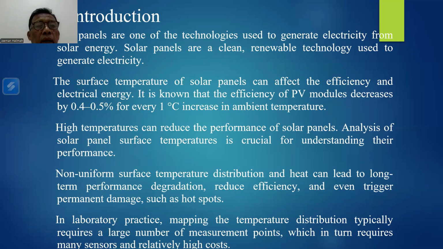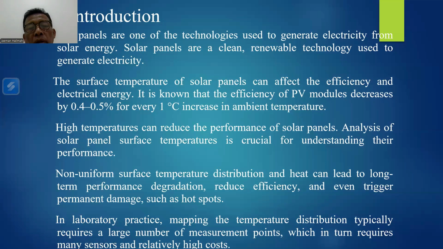Solar panels are one of the technologies used to generate electricity from solar energy. Solar panels are a clean, renewable technology. The surface temperature of solar panels can affect the efficiency and electrical energy.